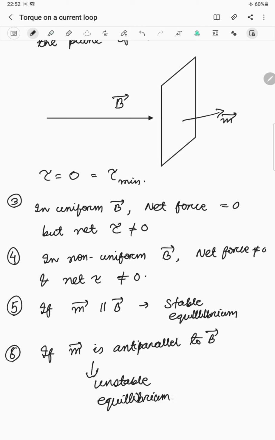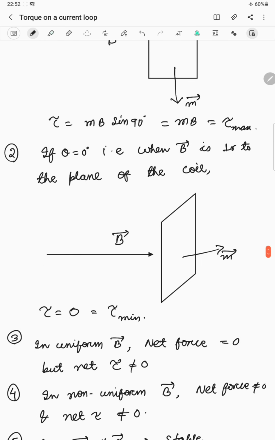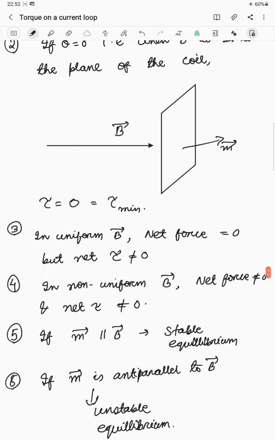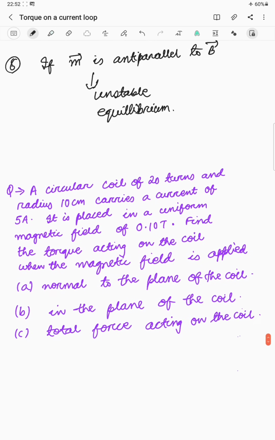So this is the required theory to understand the torque on a current loop. Now after this we will go for a simple problem related to this.